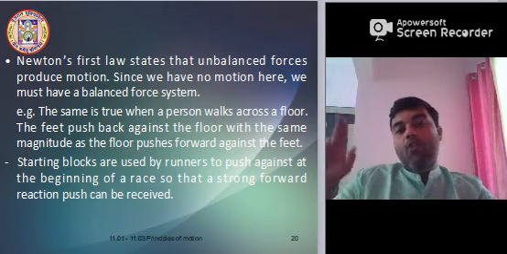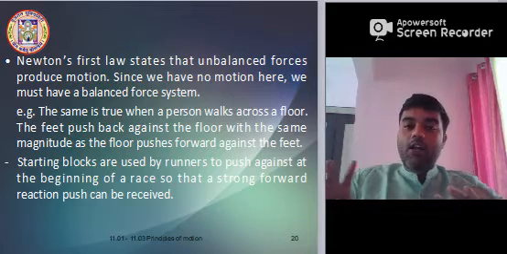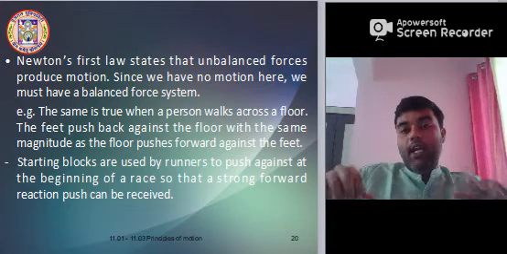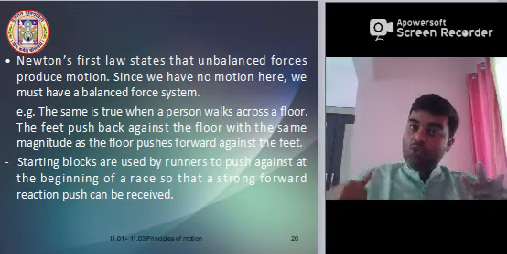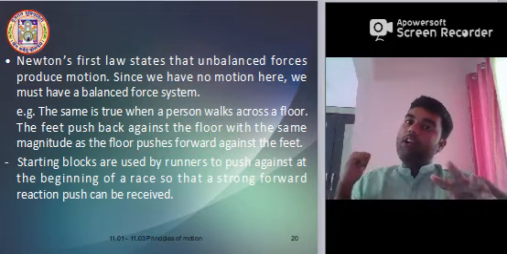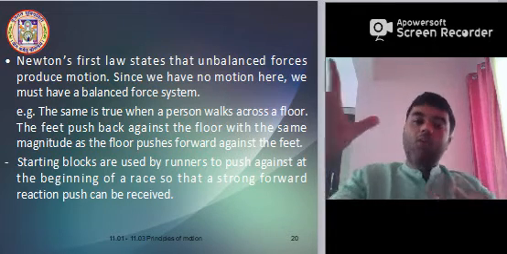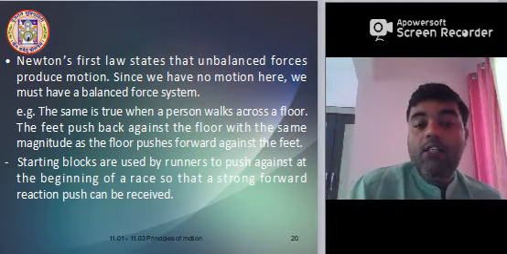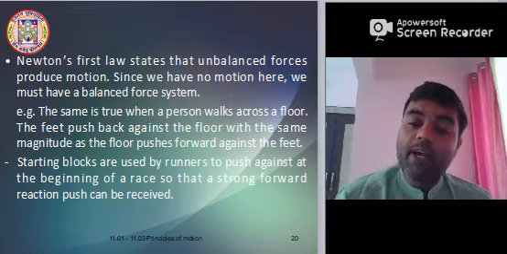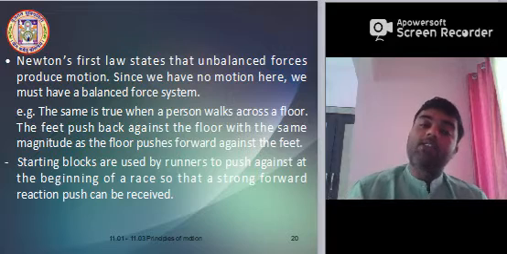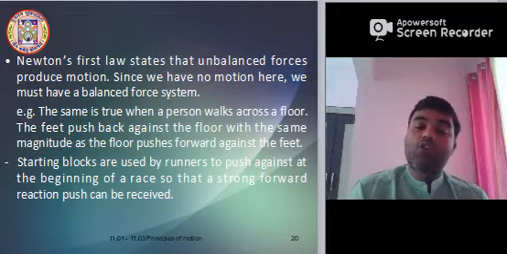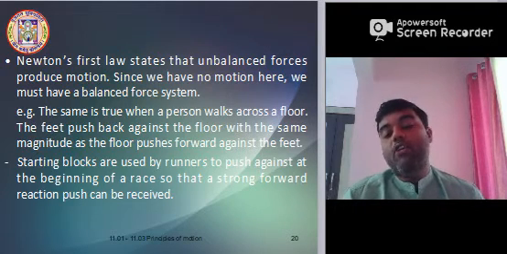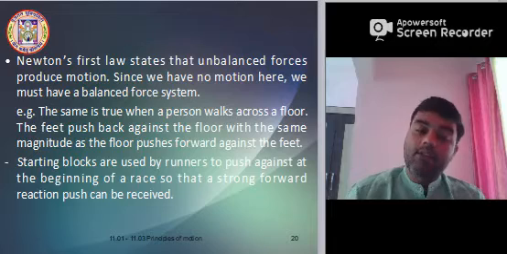So at the count of 1, 2, 3, he or she gives maximum force to that block, and with the ground reaction force he gets a very good amount of momentum or speed.